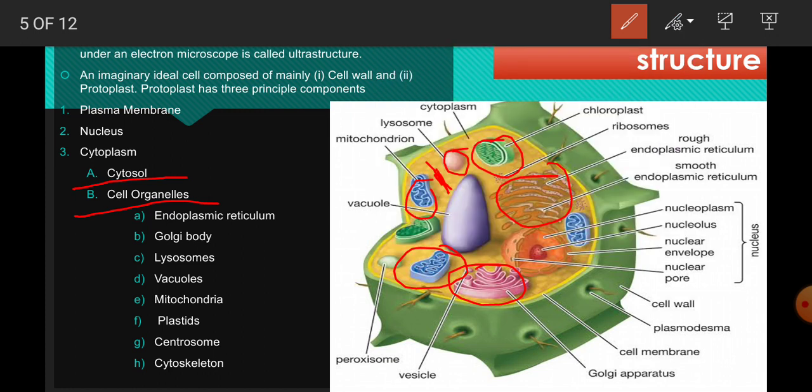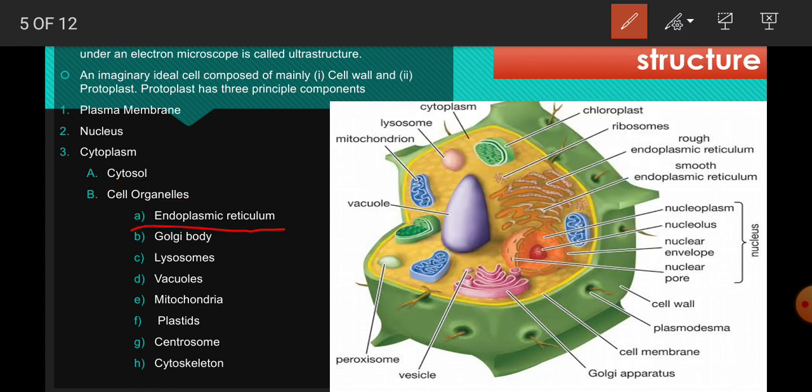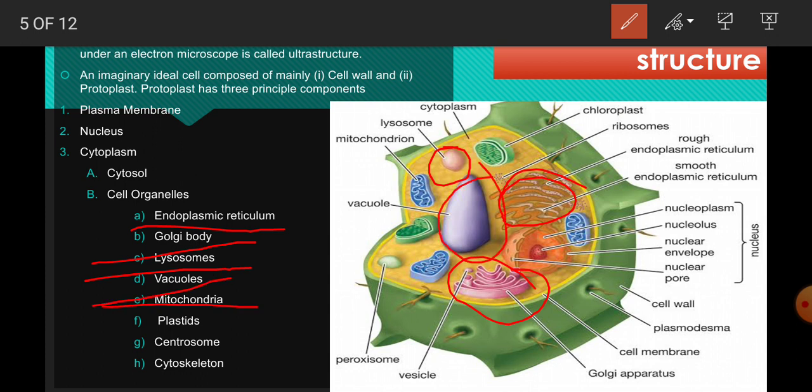Cell organelles include endoplasmic reticulum, Golgi body, lysosome, vacuole, mitochondria, plastid. Centrosome is in the animal cell, and cytoskeleton.